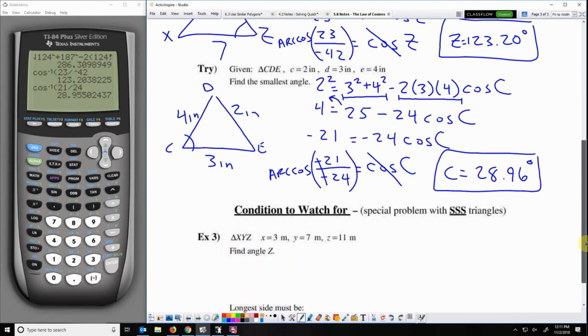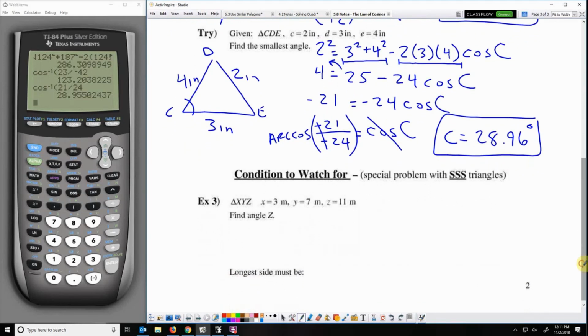All right, a condition to watch out for when you are given side, side, side. A triangle with sides of 3, 7, and 11. That's not even going to make a triangle. Because if I take the two shorter sides, 3 and 7, is that going to give me something greater than 11? Well, 3 plus 7 is 10. That is not greater than 11. Okay, so I would never actually even be able to get these 3 side lengths to close as a triangle.